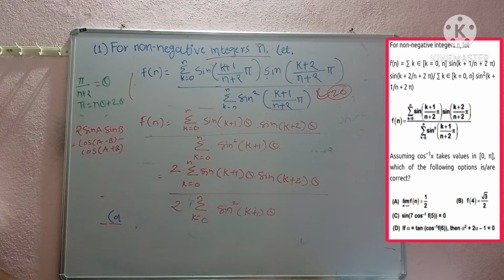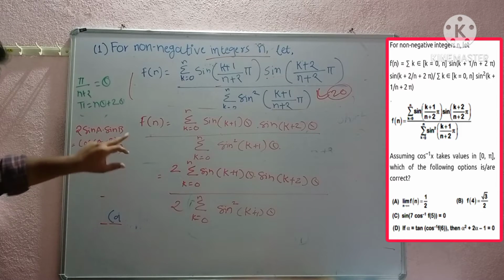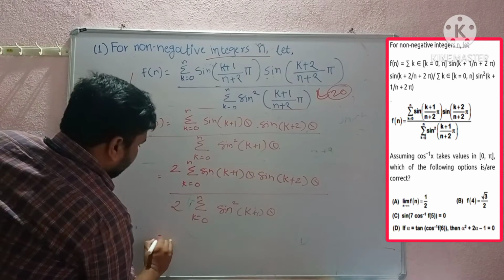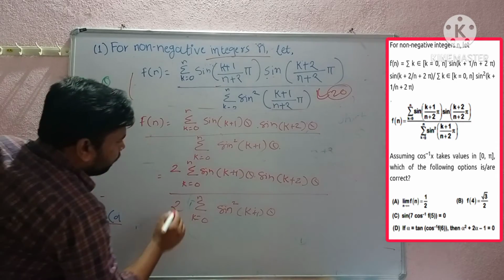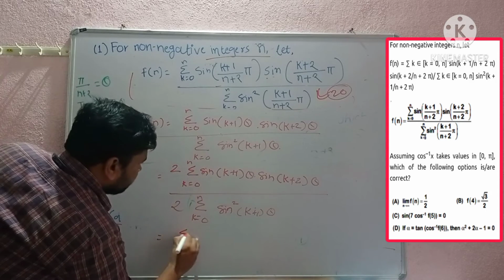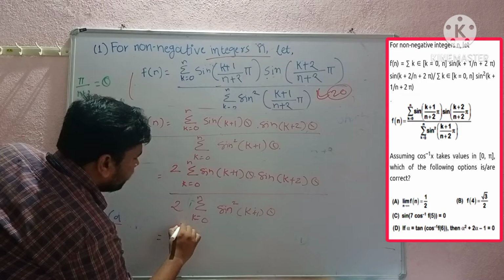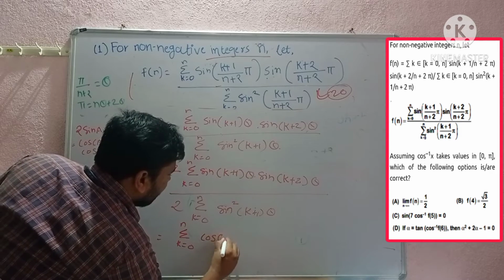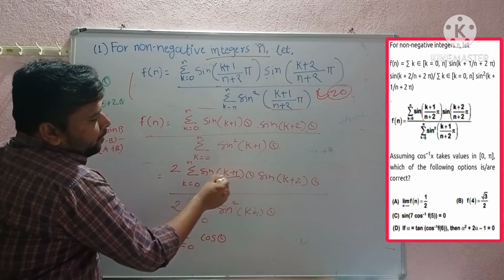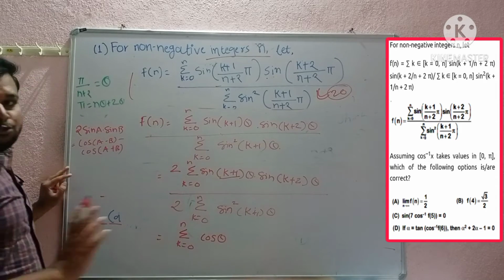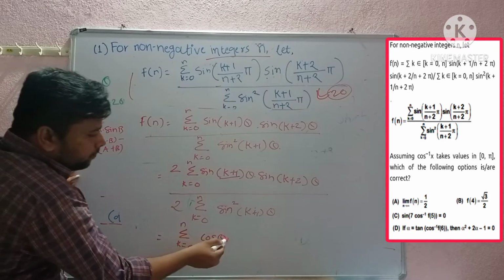Now expand the numerator as per this. Now 2 will get absorbed in this term. That's why we will get summation k is equal to 0 to n, then we will get cos theta, because (k plus 1) minus (k plus 2) will give minus 1. Cos of minus theta becomes cos theta.